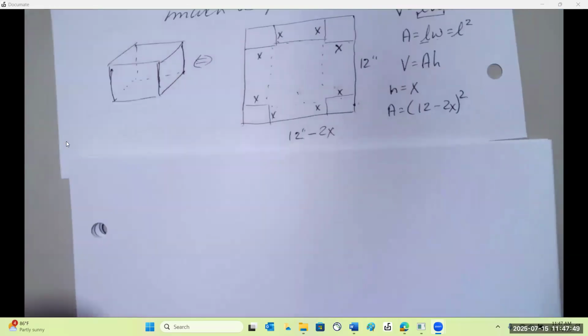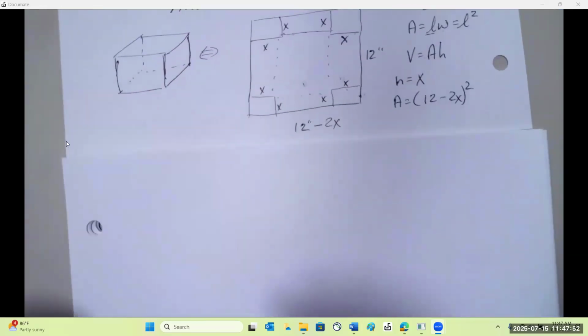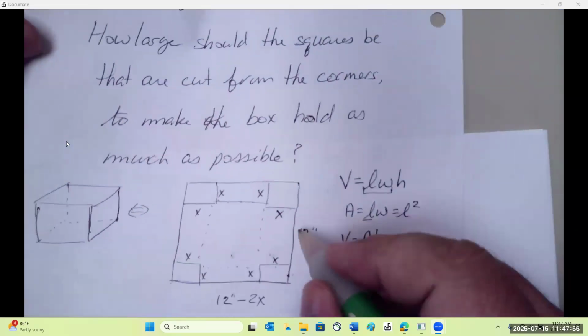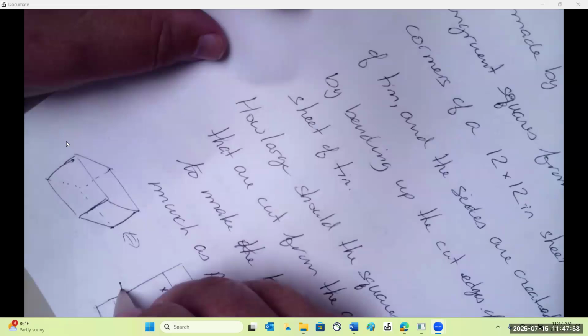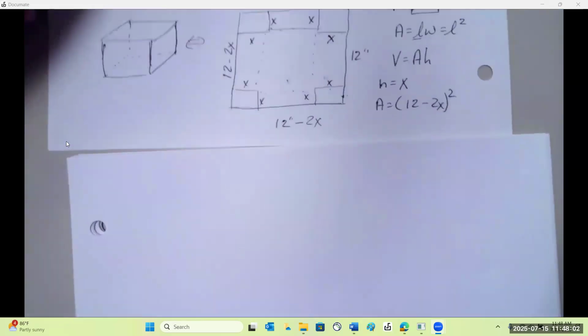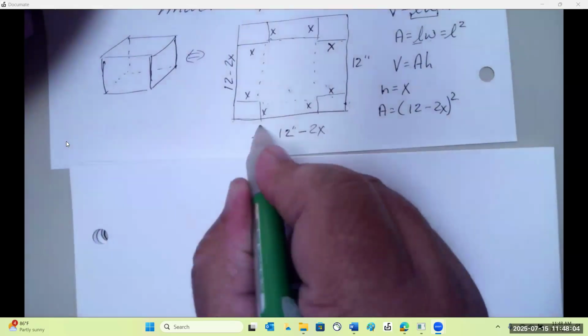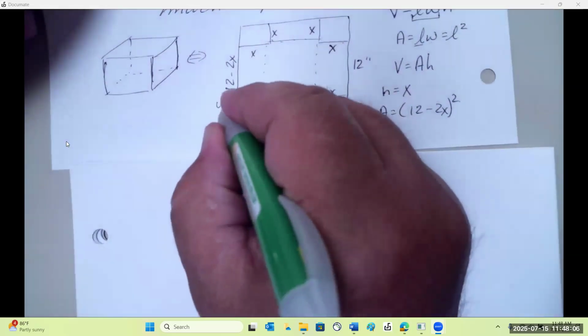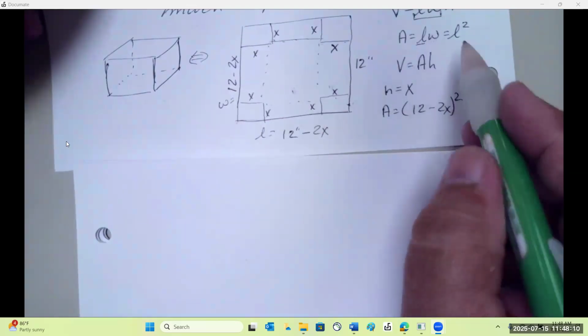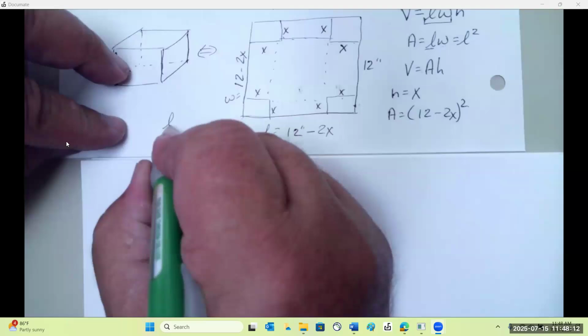Why are you squaring the 12 minus 2x? Because that's what this side is, and this other side is going to be the same thing because it has to be a square. So this is length, this is width. Length times width, since they're the same thing, I can go ahead and square it.